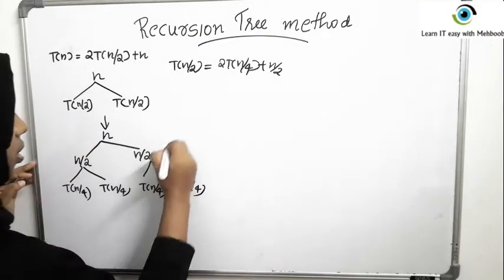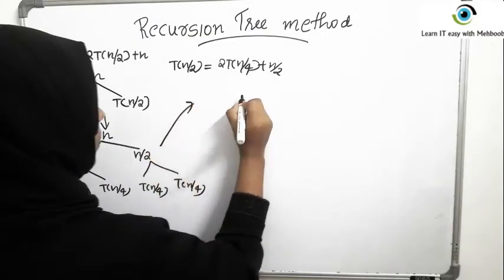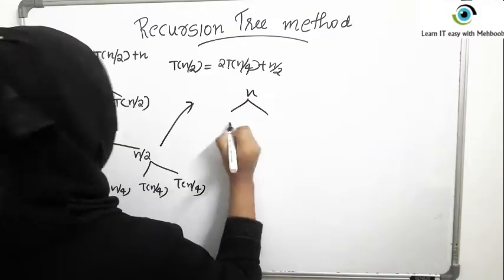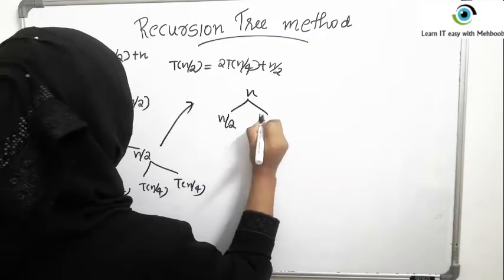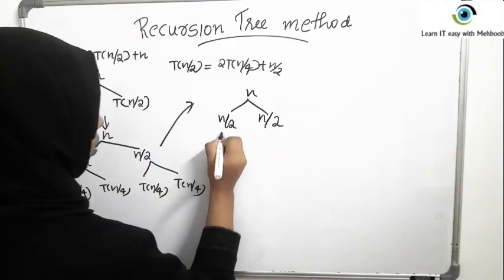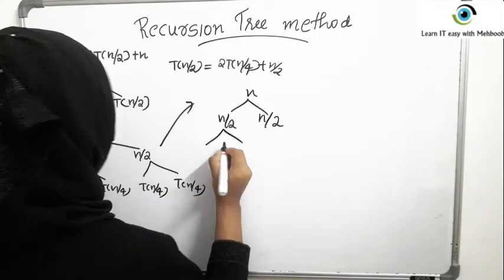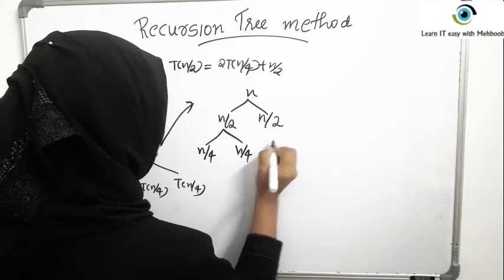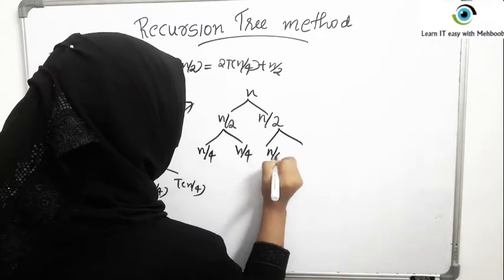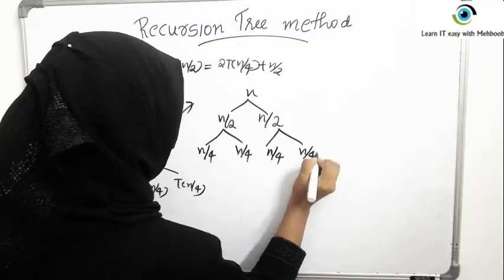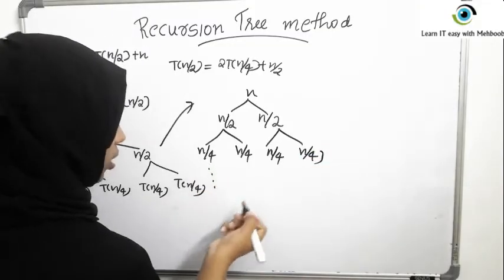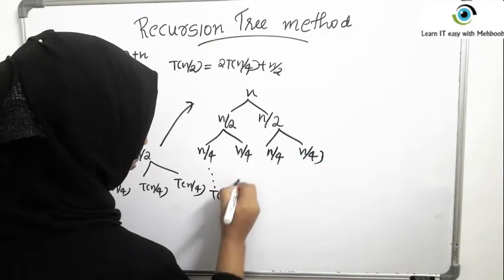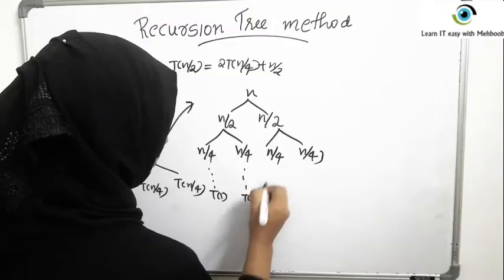When you expand this, you know that it will be n by 2, now n by 4, n by 4, n by 4, n by 4, and subsequently it will converge to t of 1.